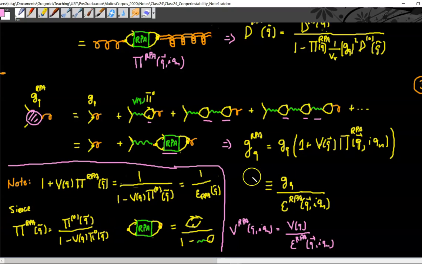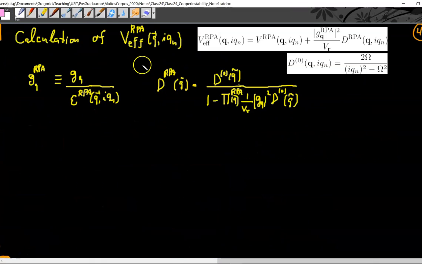All right, so let's keep going, and now let's put everything together to calculate the effective potential. Now to calculate the effective potential, we already calculated the renormalized vertex, so it's GQ divided by epsilon RPA.